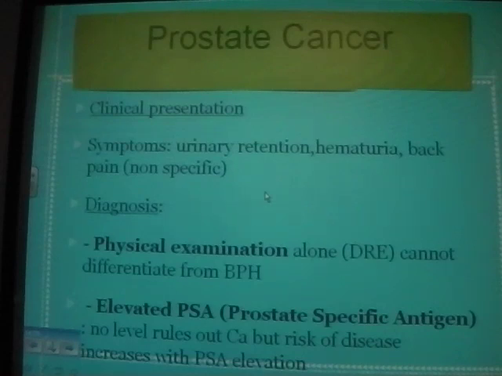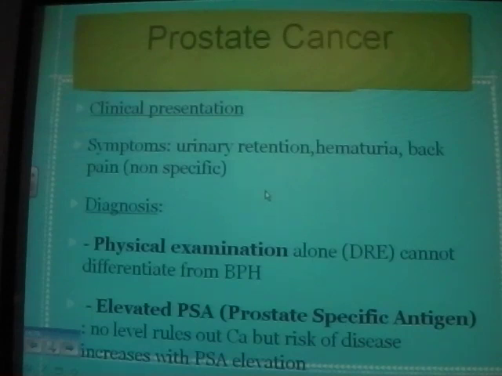It's really non-specific, he's 70 or 80 years old, and that's something you would expect. So the symptoms are relevant to the urinary tract system, but once again not specific to prostate cancer at all.